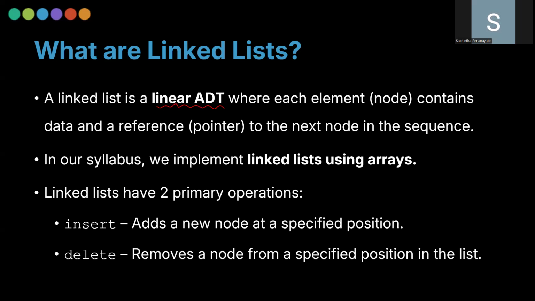It's all linear, where each node or each element points to the next. And just to re-clarify, you have in a linked list these so-called elements known as nodes, which contain data and a reference, also known as a pointer, to the next node in the sequence.